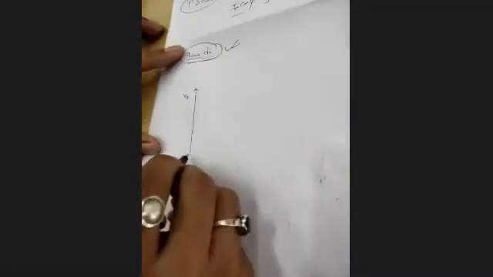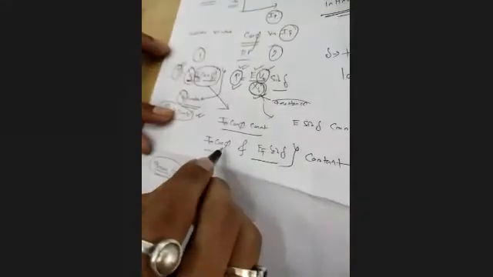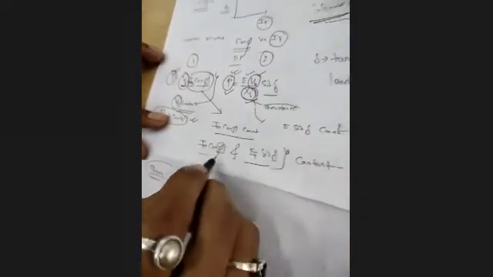Here it is the terminal voltage Vt. This is the armature current in lagging position. The angle between Vt and Ia is the power factor angle phi or psi. This is the power factor angle, the angle between V and Ia.